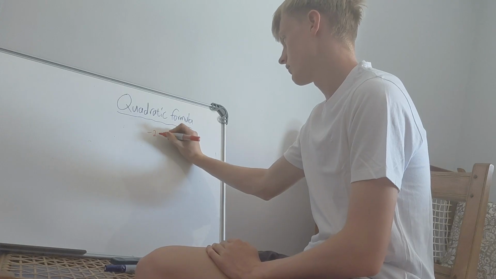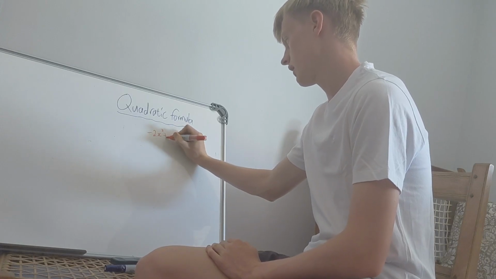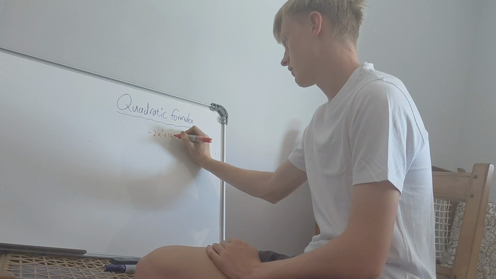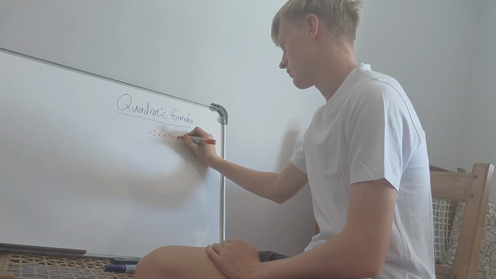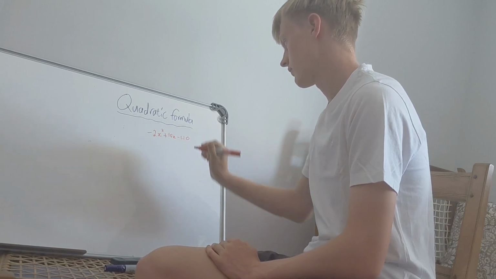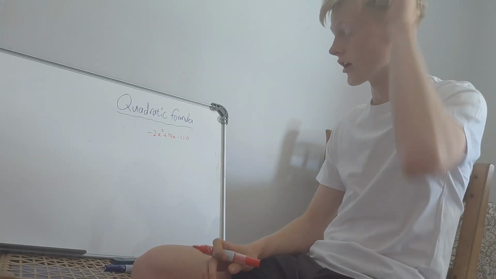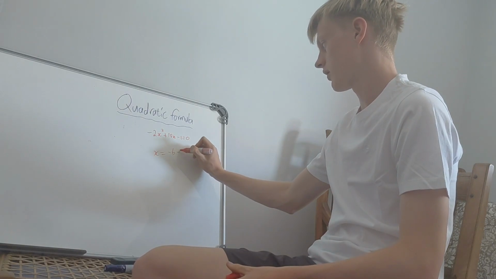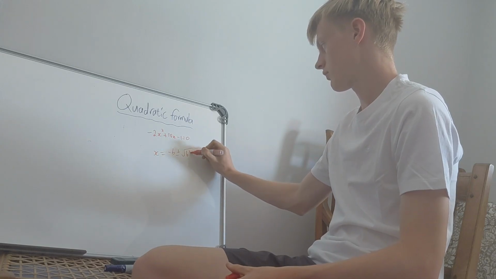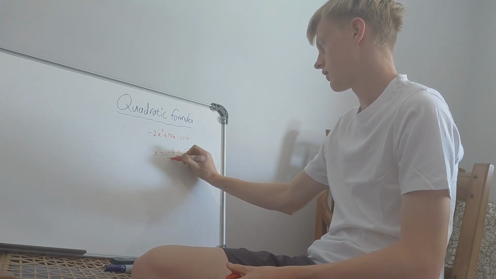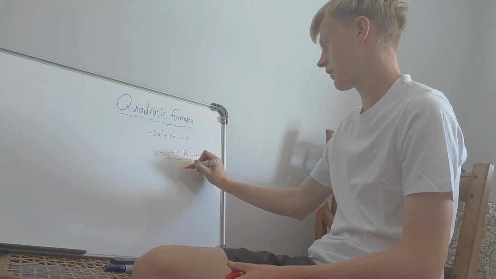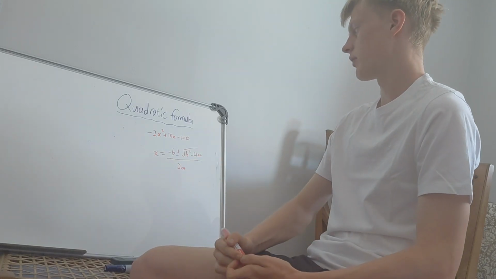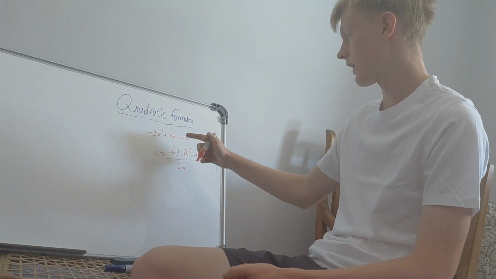Minus 2x squared plus 10x minus 1 equals 0. Let's go over the different variables quickly. Remember, x is minus b plus or minus the square root of b squared minus 4ac, over 2a. What is b? b is the coefficient of the x term.